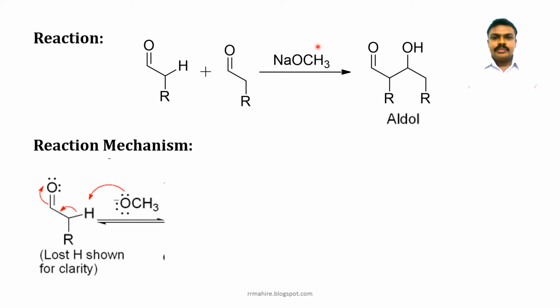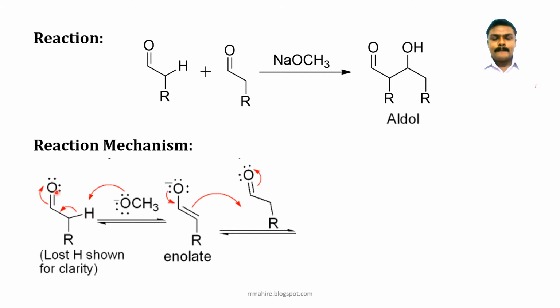In the first step, the base abstracts the alpha hydrogen atom and the negative charge is shifted to the oxygen. This oxygen attacks like an enolate on the other aldehyde, in which the negative charge is shifted to the oxygen.